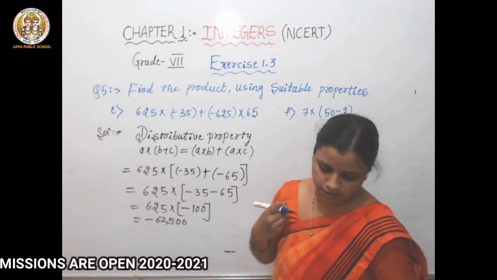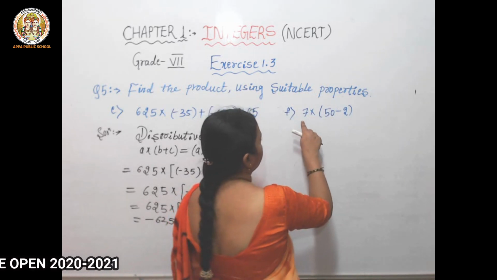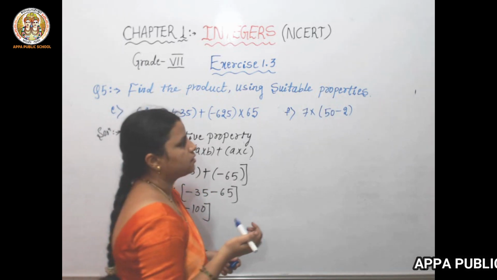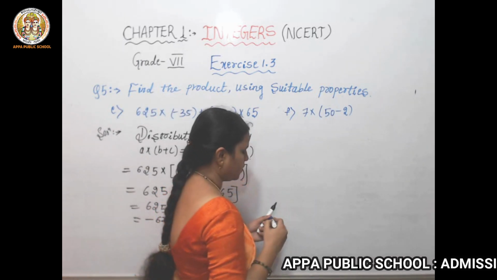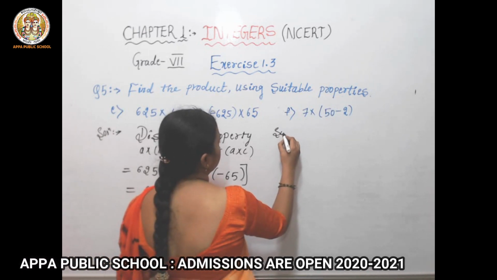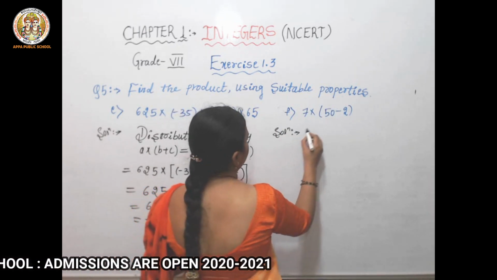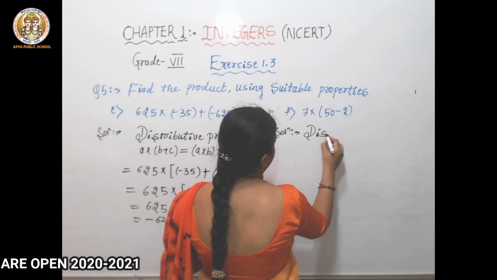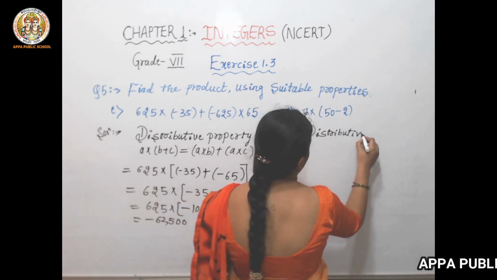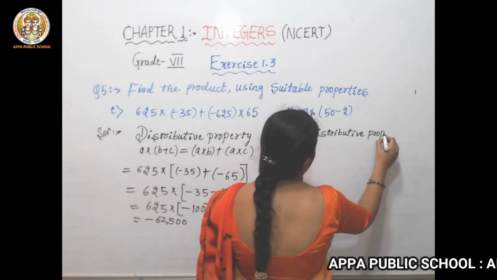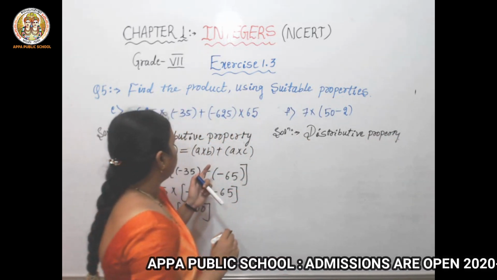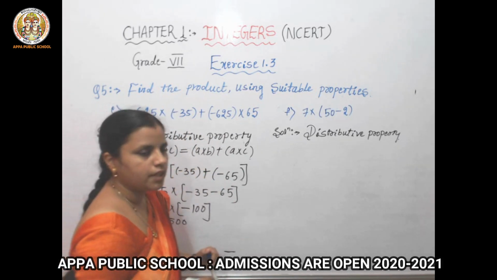Now here already it is in the form of A into, instead of plus we are having here minus. Then how will we do? That is the solution. So here also we are using the distributive property. Instead of plus, as I said, there we are having a minus.